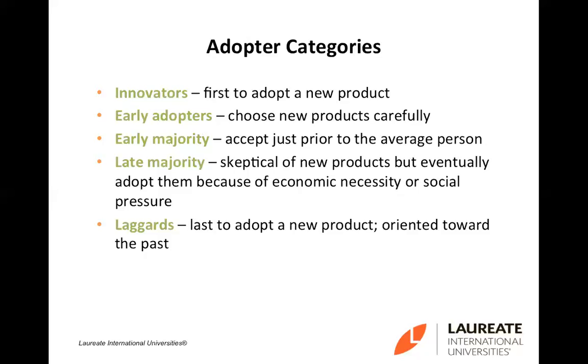Okay, and the next one is the late majority. Late majority is the guys who are skeptical, and they normally adopt it after they find the other people adopt it. And the last one is the laggards. They are the last one to adopt the new product, and they're quite loyal to the current product that they use, but at some point of time they are aware, okay, must use the new one. Okay, and then they move.